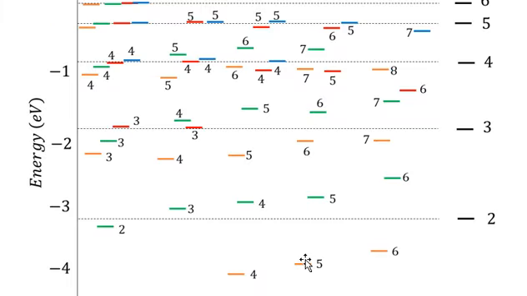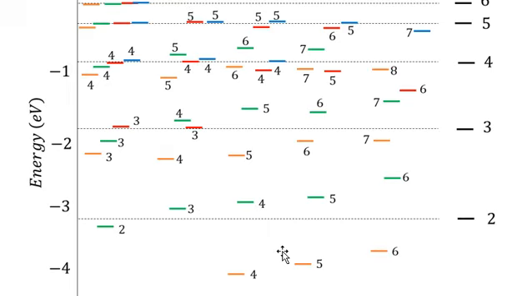So L is equal to 4 will not be represented over here. With principal quantum number n is equal to 5 for the rubidium atom, we have 5 states corresponding to orbital quantum number L is equal to 0, 1, 2, 3, 4. But in this diagram, we shall only be specifying up to the 4 orbital quantum states.